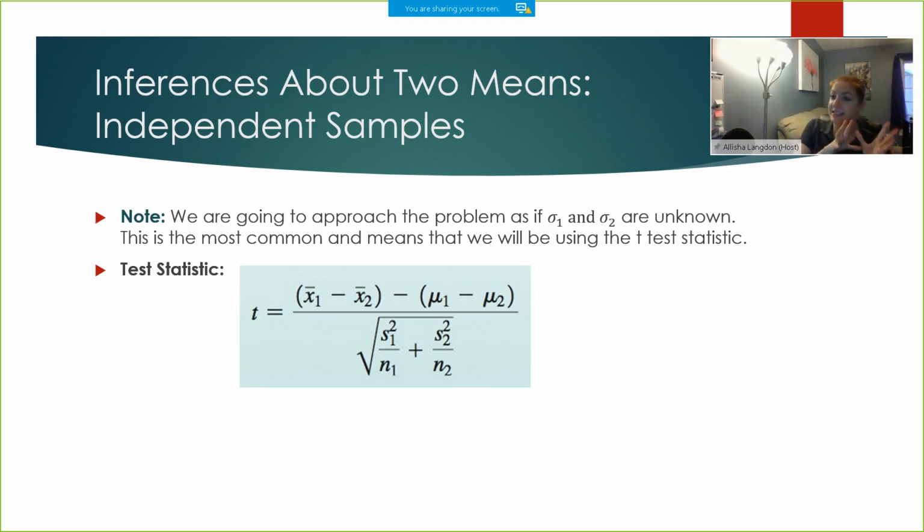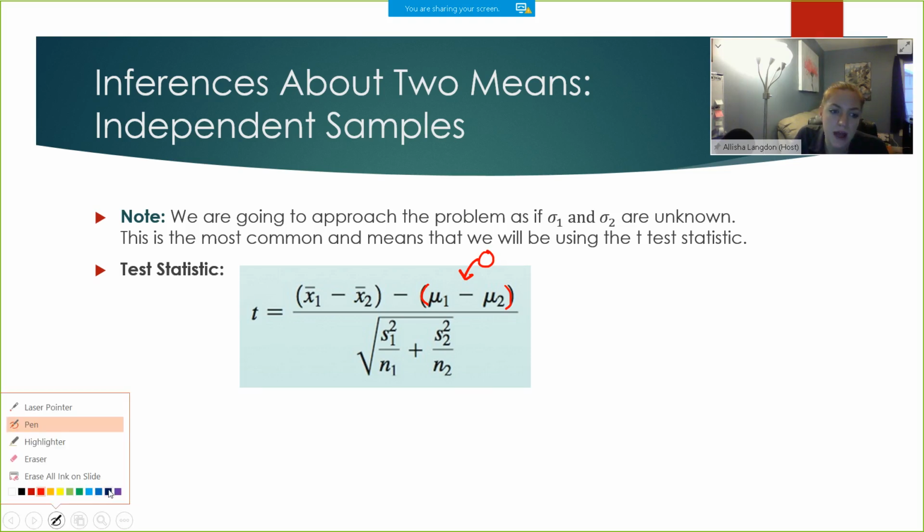So this looks really nasty. I'm going to be honest with you. You want to be very, very careful typing this in, but don't worry. I have 3 practice problems, if we can get through them, to work through this idea to make sure that you know how to type that into Excel. The key thing here is that this parenthesis here, mu1 minus mu2, that's actually going to be a 0 value.